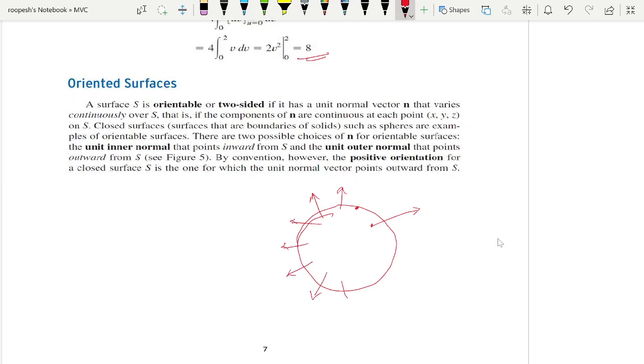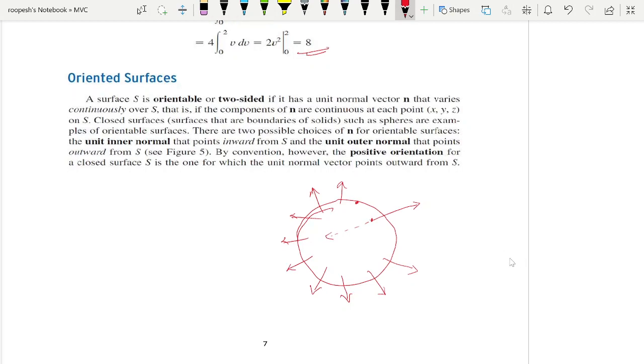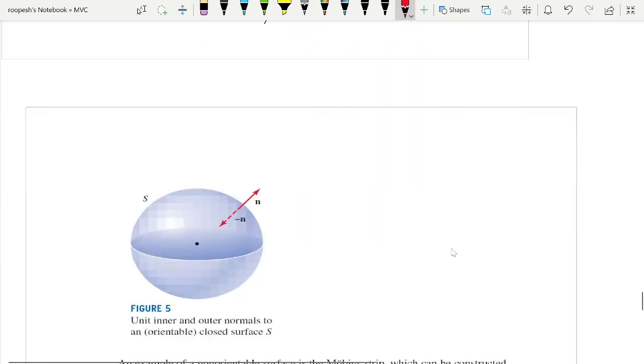In the same way I can have the direction in the opposite way also, that means inward. In this sphere, this n and minus n I have marked. This is called outward and this is called inward. So in the general case, we will say that the outward direction is our orientation.